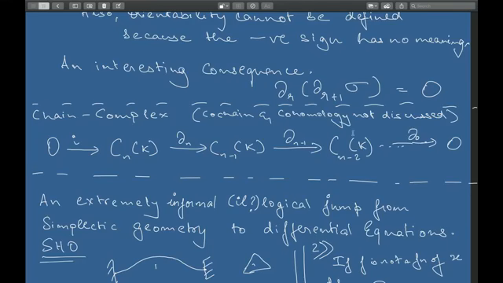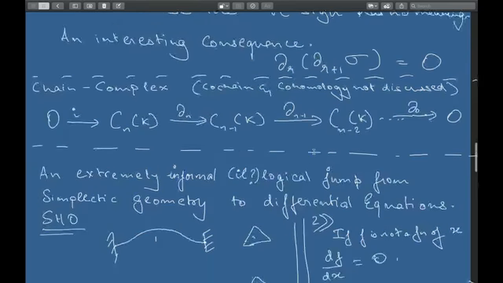When you reverse this, every time you apply the differential in the cochain space, you get a higher dimension. For example, if you have an n minus 2 cochain, you apply the differential and you get an n minus 1 cochain.